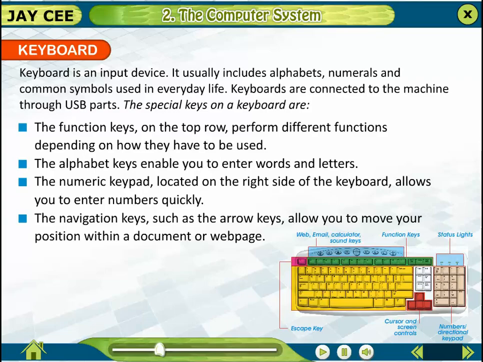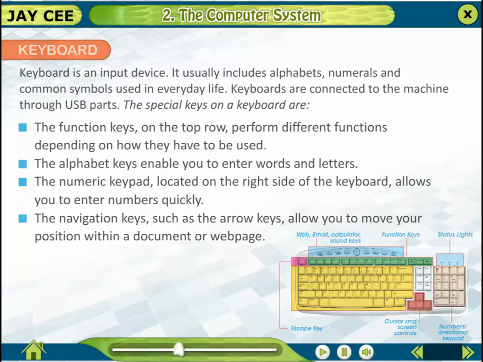The navigation keys, such as the arrow keys, allow you to move your position within a document or web page. Web, email, calculator, sound keys, function keys, status lights, escape key, cursor and screen controls, numbers, directional keypad.